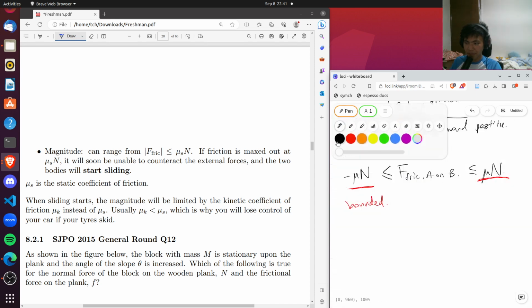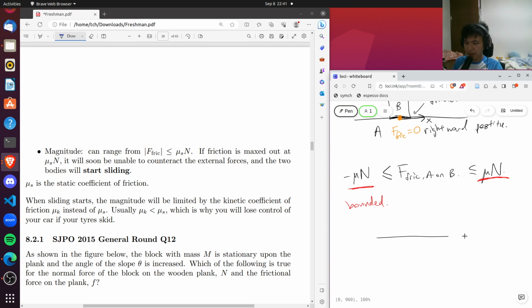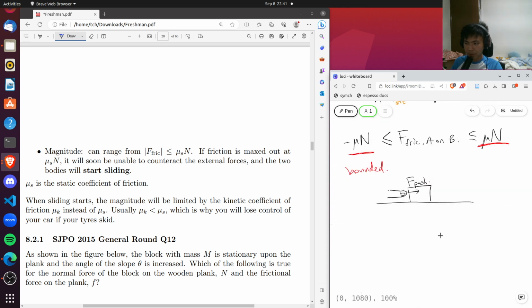The second scenario is one where the object is sitting on the table, but you are putting your finger over here. This is your finger, and you are pushing it with a force F. I'll call it F push. Okay? So question. Suppose there's two scenarios. One is the magnitude of F push is less than or equal to mu n.